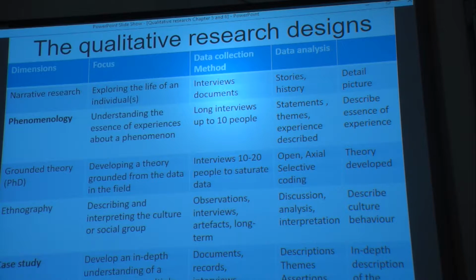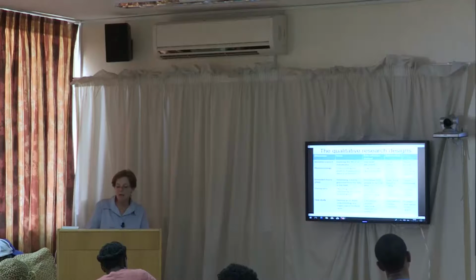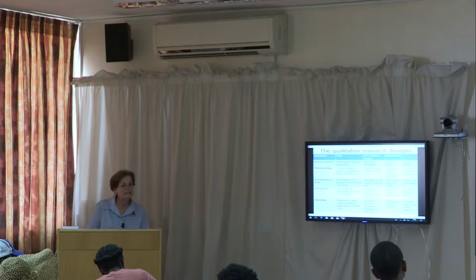When we need to analyze this data, we need to look at stories. What is a narrative? It's a person's story. So you collect his whole life story, for instance, and you analyze it. Or you look into the history of a particular group of people. So this provides you with a detailed picture of the situation or the person.